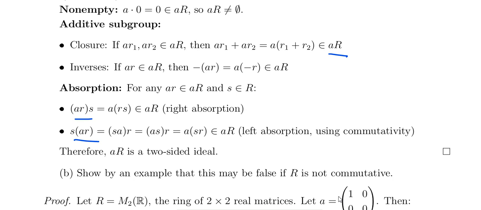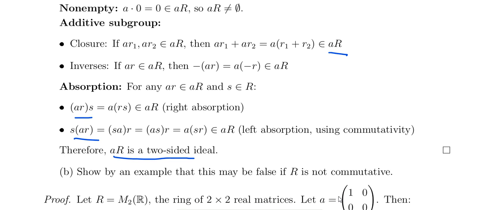And this is the left absorption: s A r is s A into r, and s A equals A s by commutativity. So A s into r, we can write as A into s r, which obviously again belongs to AR. Therefore AR is a two-sided ideal. When you define AR like that, it is a two-sided ideal.